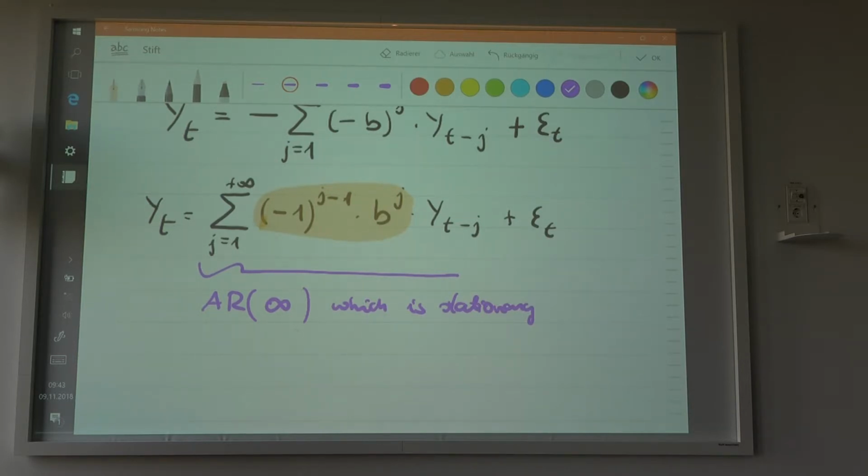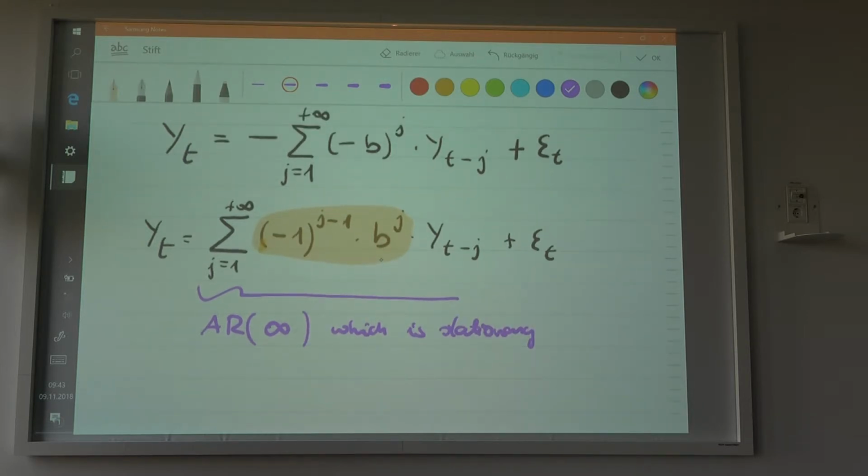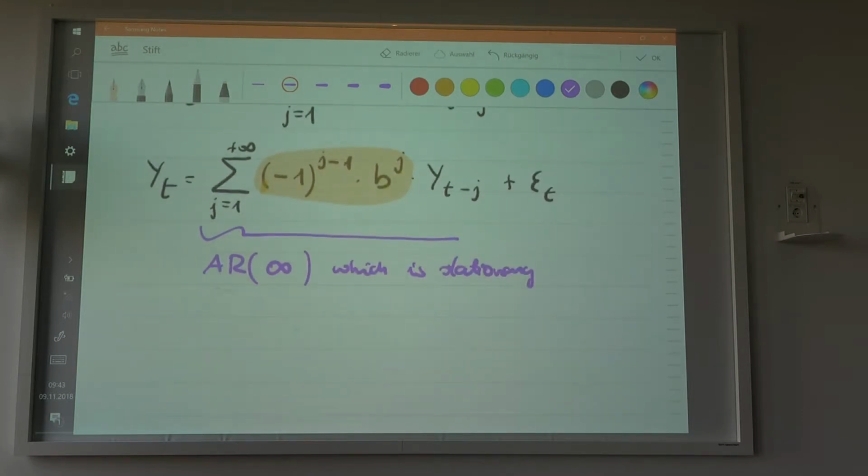Of course you have to be careful, because this sum is only finite if the absolute value of b is less than 1. So this is an autoregressive process of order infinity, which is stationary, in case the coefficient b has an absolute value strictly less than 1.